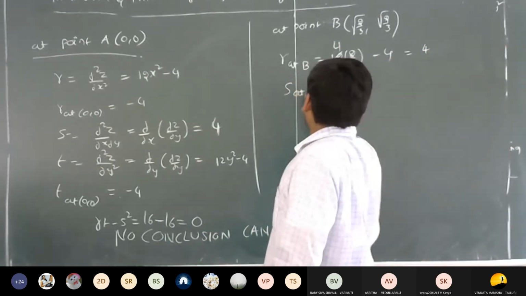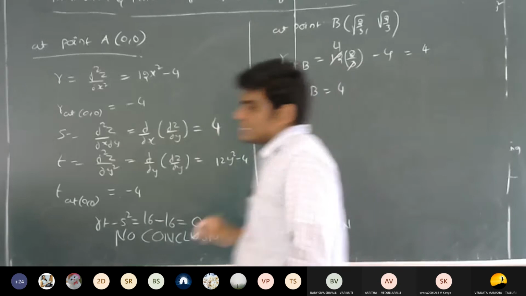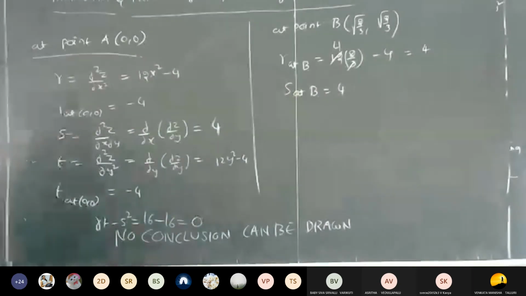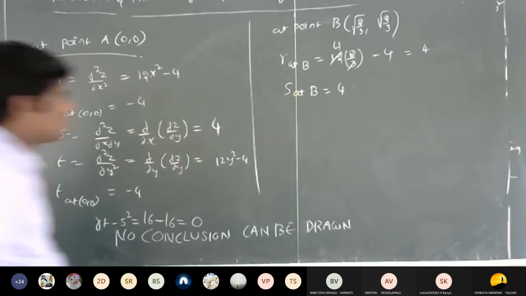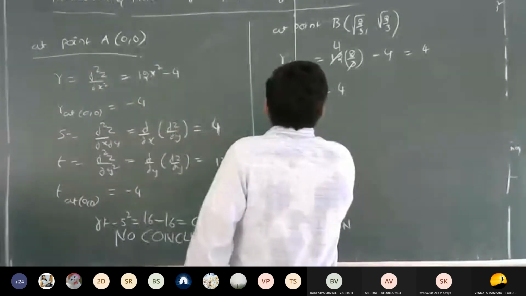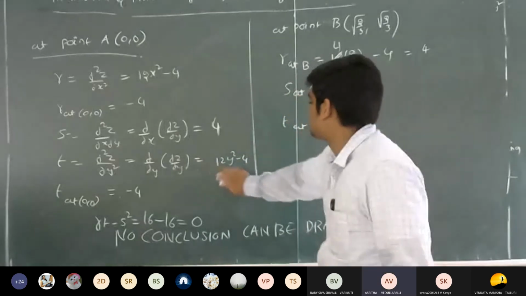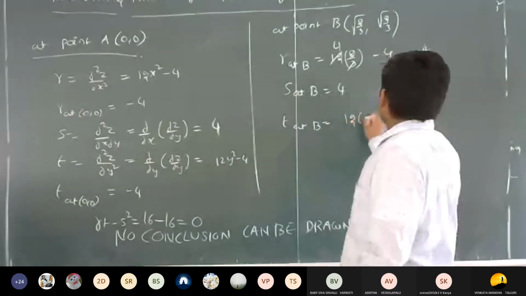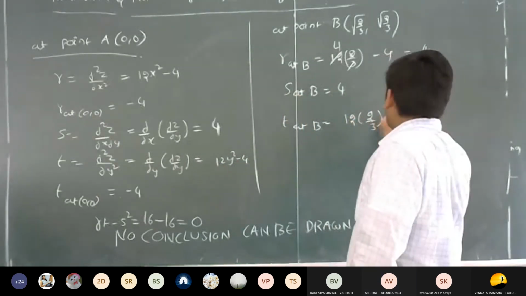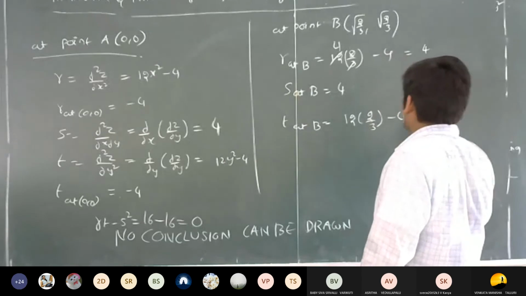Next, s is fixed, so s at B is fixed. Is it correct? Yes, sir. So next, t at B, just substitute here: 12 into the same 2 by 3 minus 4. So this is also 4.